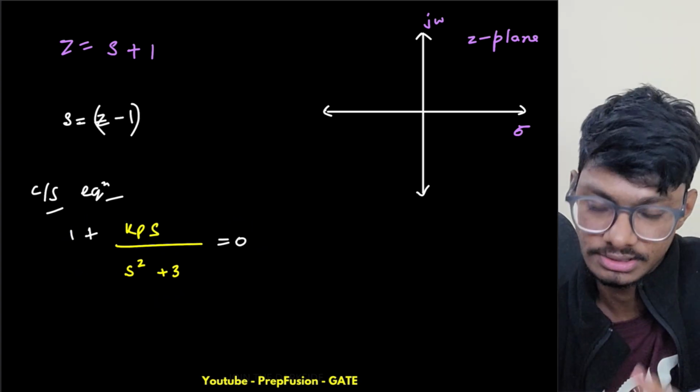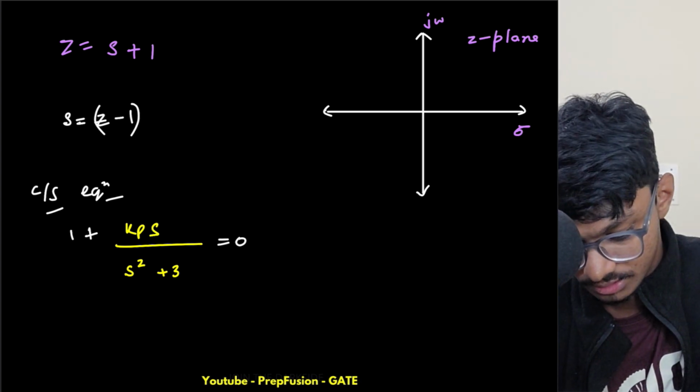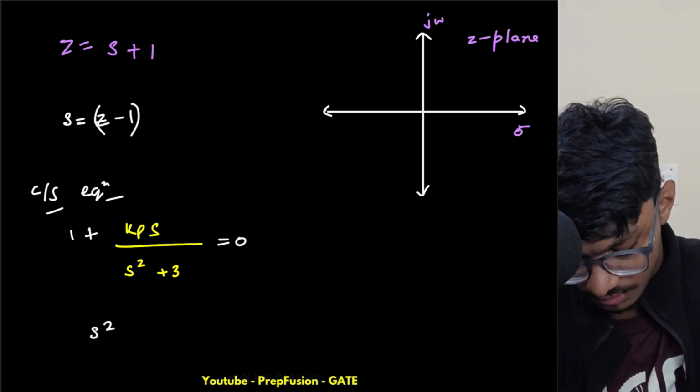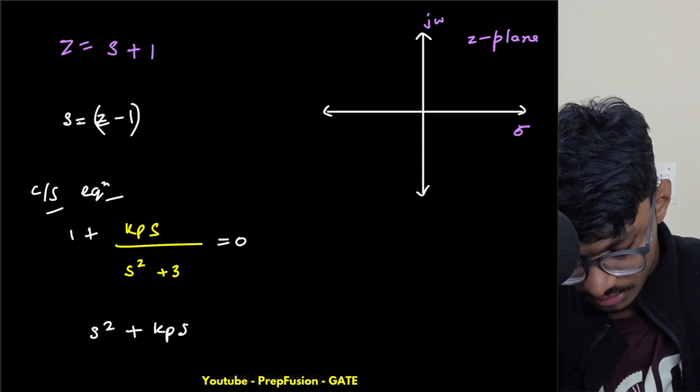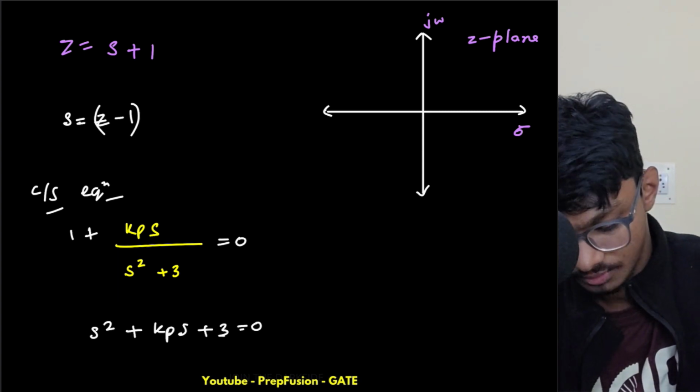This is my characteristic equation. Further, if I simplify, this becomes s square plus Kp s plus 3 equals 0.